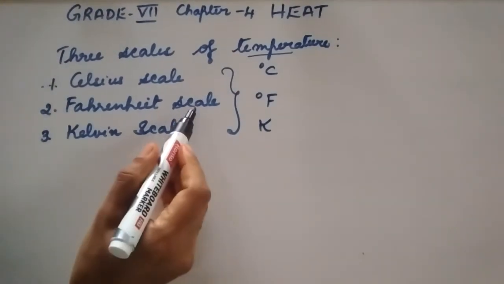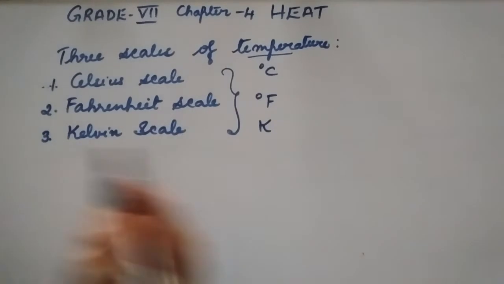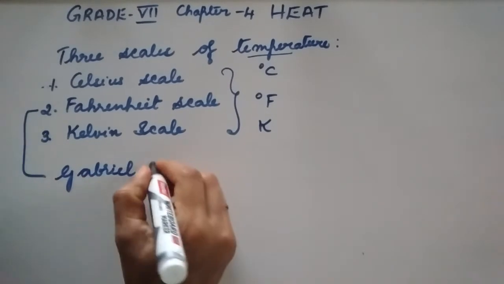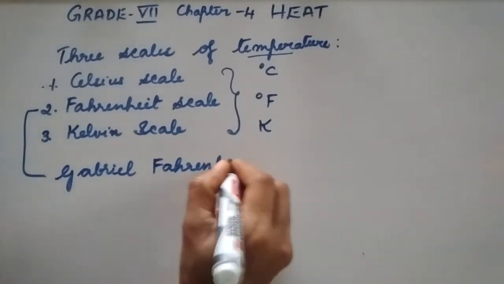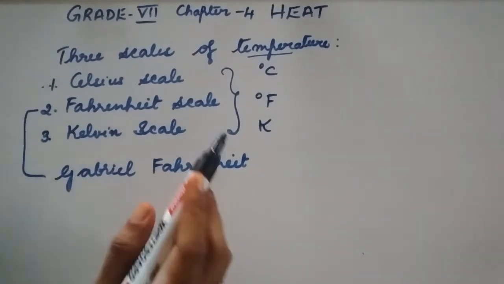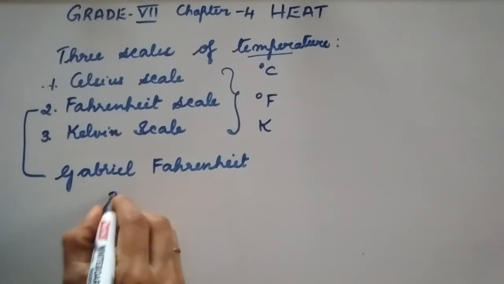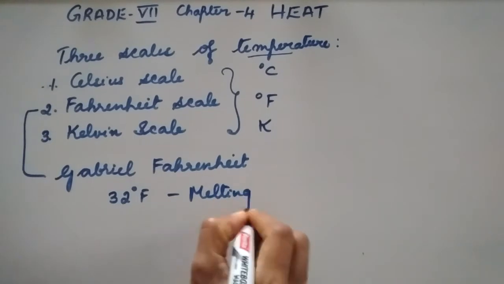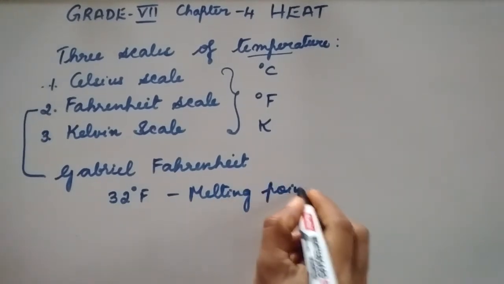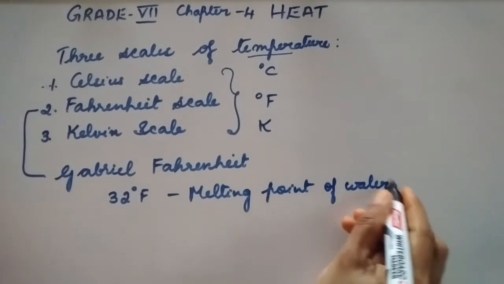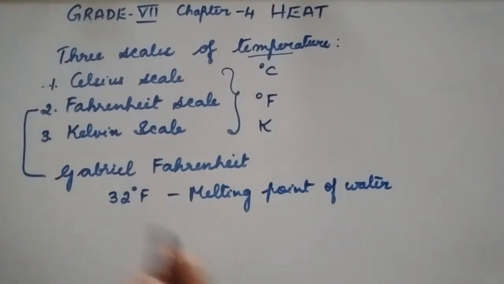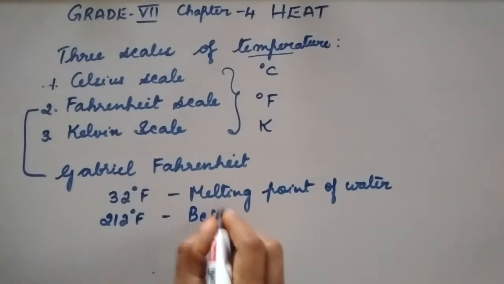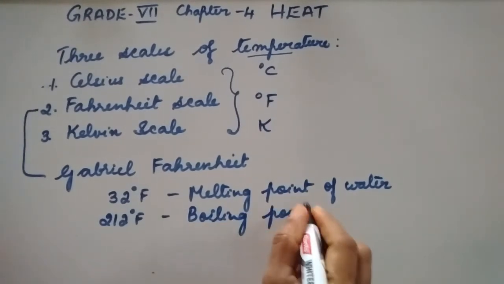Next is the Fahrenheit scale. Fahrenheit scale was developed by Gabriel Fahrenheit, and on this scale the melting point of water, or the freezing point of water, is 32 degree Fahrenheit, and the boiling point is 212 degree Fahrenheit.